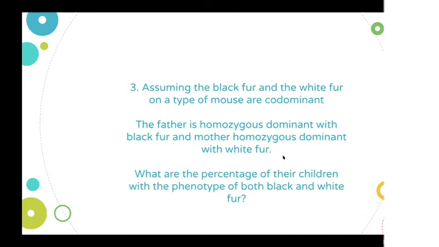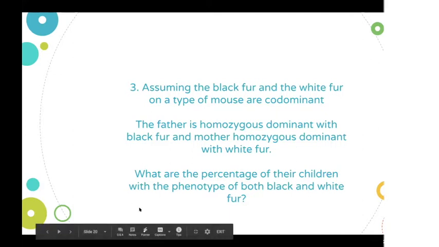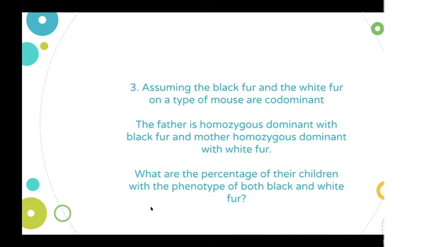So the children will have black and white fur. For the children to have black and white fur, the genotype must have an allele for black fur and an allele for white fur. And since both of the parents are homozygous, that means all of the children will have that genotype.